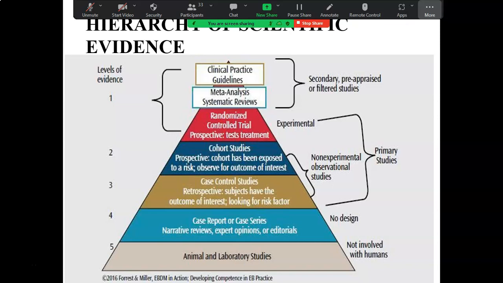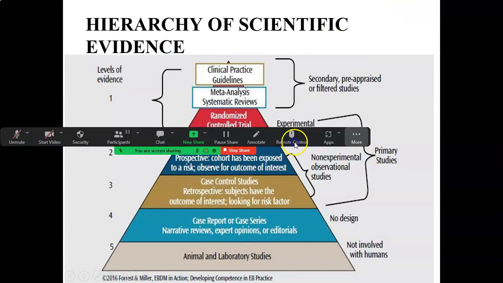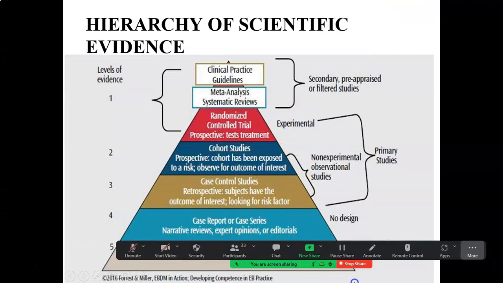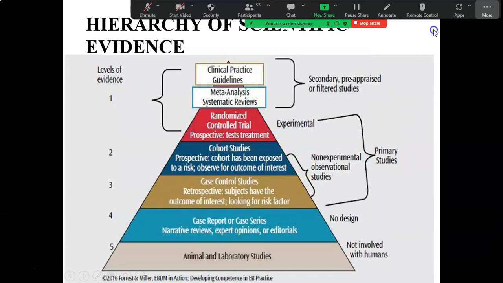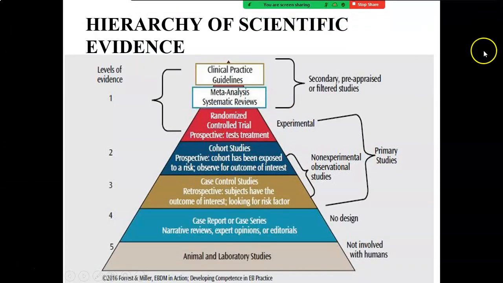There is this hierarchy of scientific evidence that we are all familiar with, starting from the bottom of the pyramid, where we have animal and laboratory studies. We have studies that do not require any design, like case report, case series, narrative, expert opinions, and editorials. Then we now go to those who have some form of design. We have the non-experimental observational studies and experimental studies.